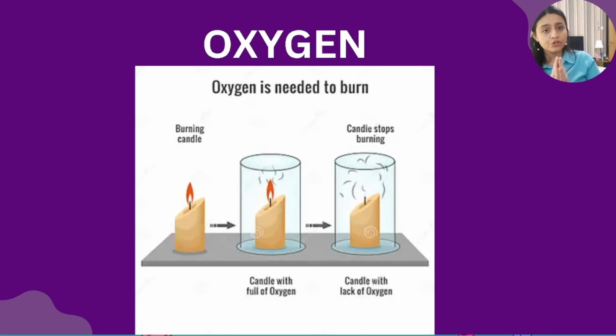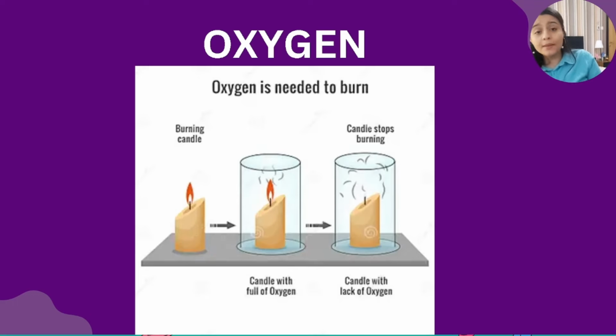So first we are going to focus on oxygen as a gas. The first characteristic of oxygen is that we all breathe oxygen to live, right? Now the second important characteristic of oxygen is that it is the gas which is required to burn, right?